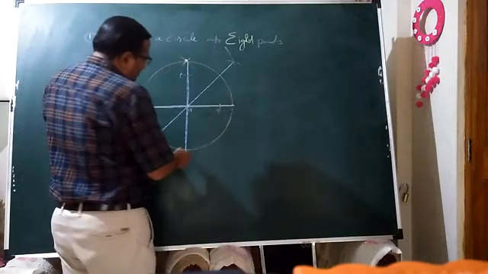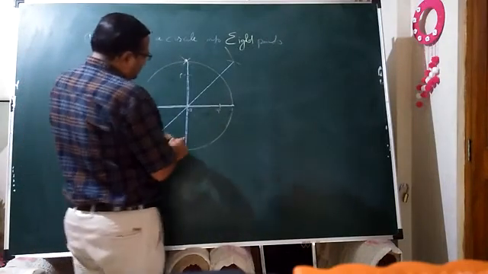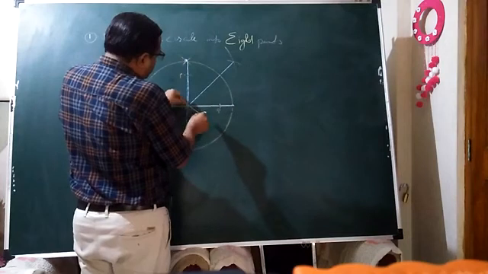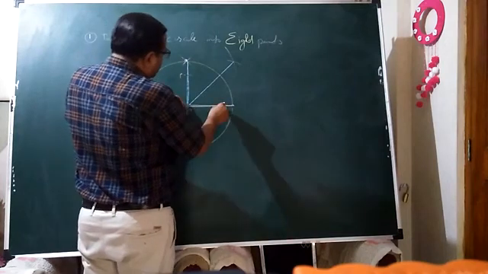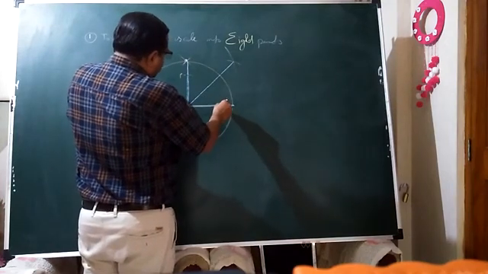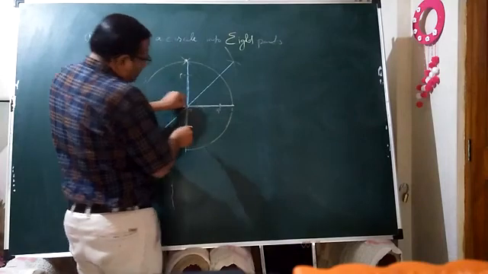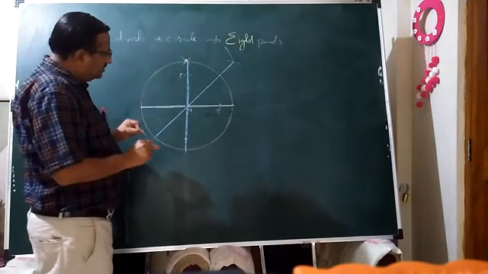Same way, you can bisect this sector also. It will be the same procedure. One arc is here. We can get another arc here of the same distance.